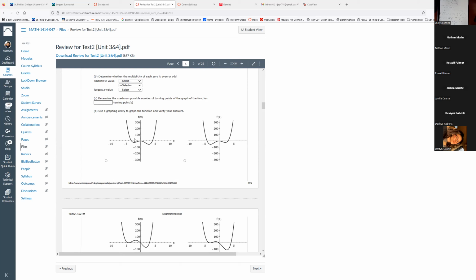Plug that into f and then see if it truly is above -100. Maybe it's supposed to be lower, like this one. This one's almost at -100. This one's closer to, looks like 40 or something. Does that make sense? Just rule it out.